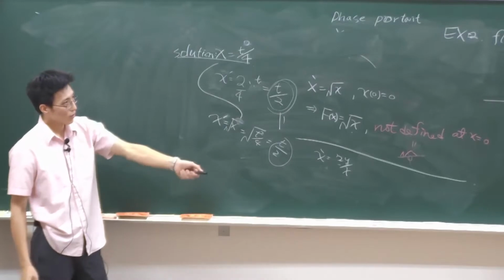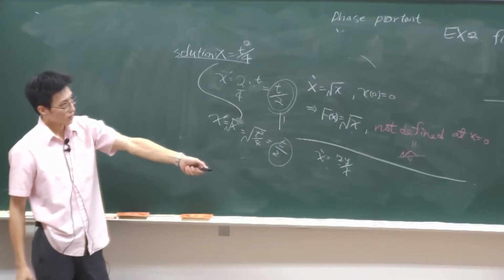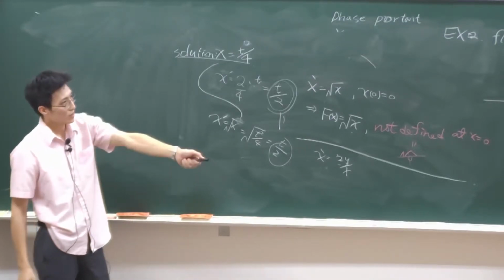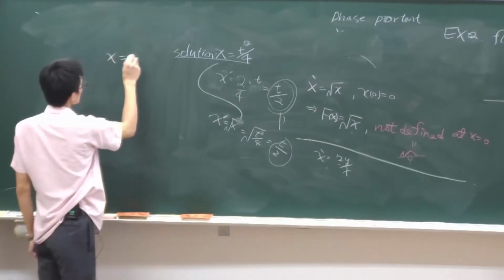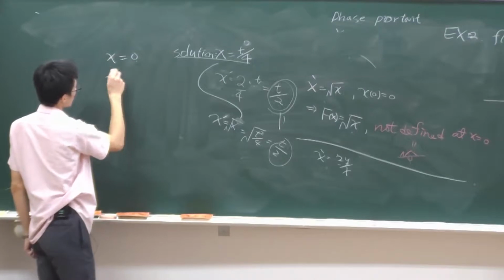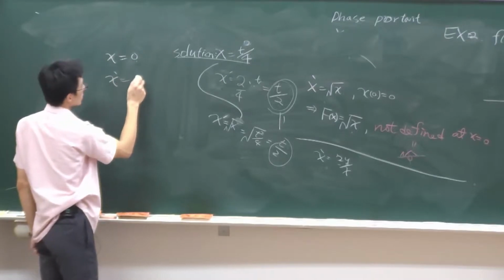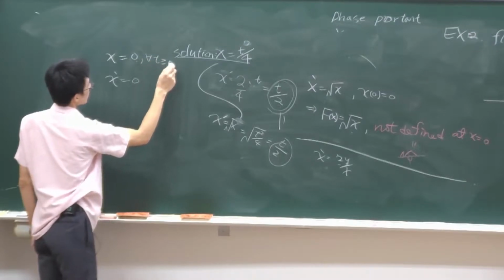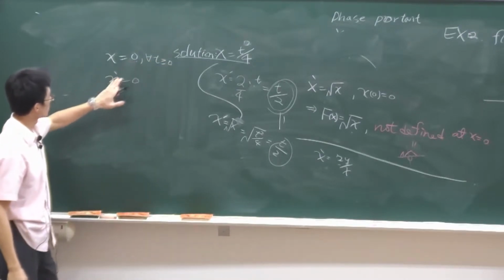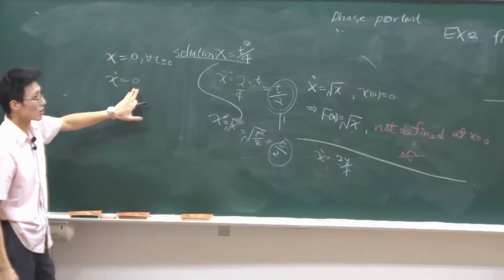So you have one solution, two solutions. If it's 0, it stays at 0. What's the time derivative of 0? It's 0. It's always 0, so its time derivative is 0.